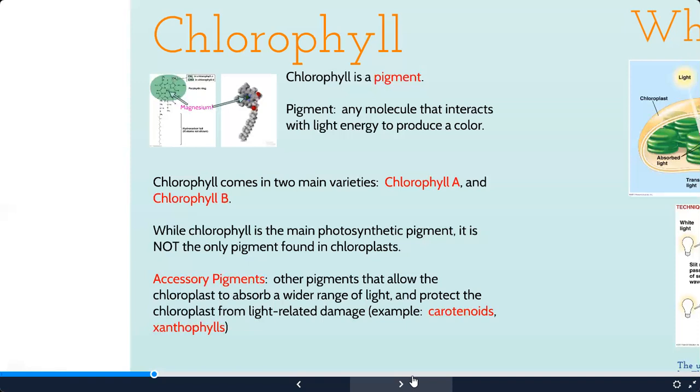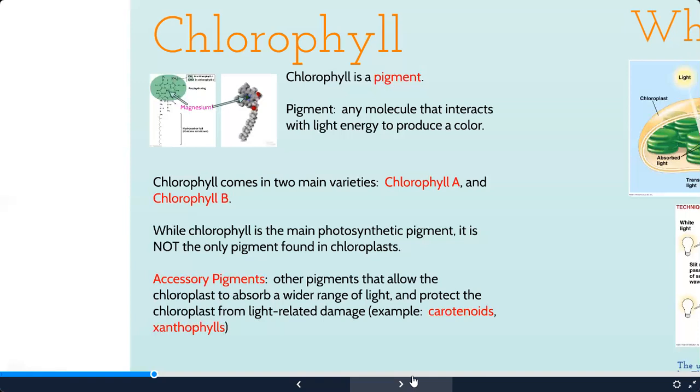But the chlorophyll pigment actually absorbs all the other visible wavelengths. So they absorb the red and the orange and the yellow and the blue and the violet. Okay, they absorb those, and the energy from what they absorbed is what's used to drive and power photosynthesis.